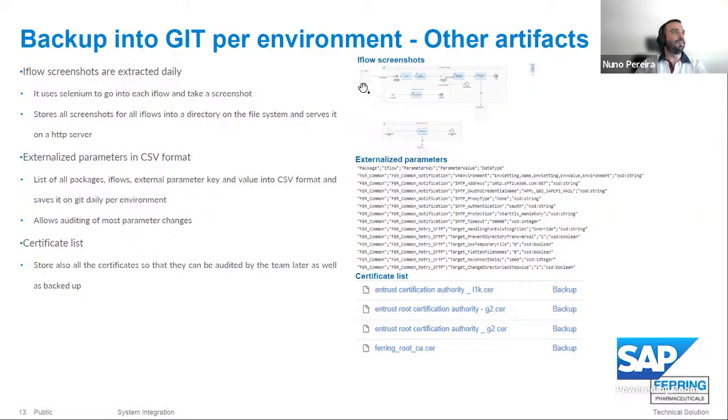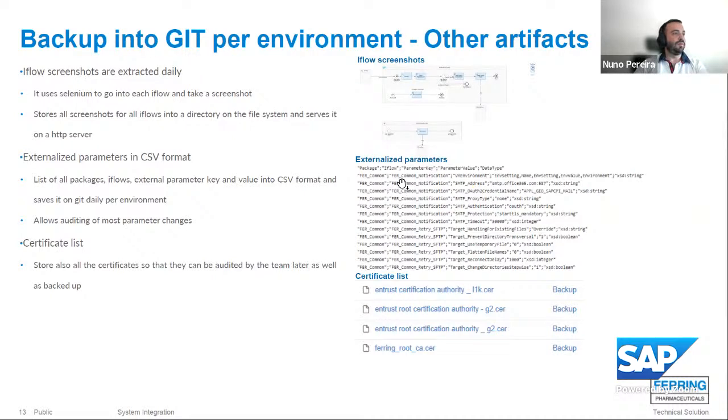And we serve that file system so that it's available to be consumed by other services. We also have an option to export all the externalized parameters in CSV format. At the moment, we have around 300 iFlows in production.